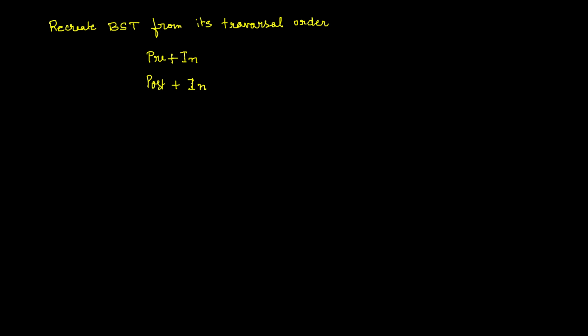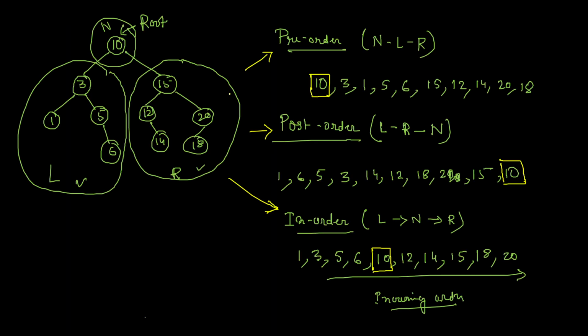So let's try to recreate the BST using this approach. Obviously, if we can understand this approach, then the other is also possible because the approach is the same. So let's write the pre-order list first.